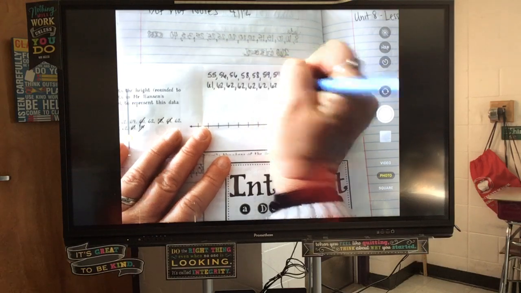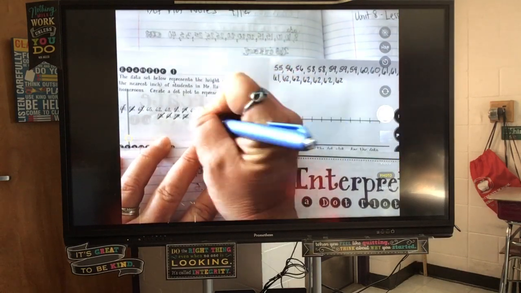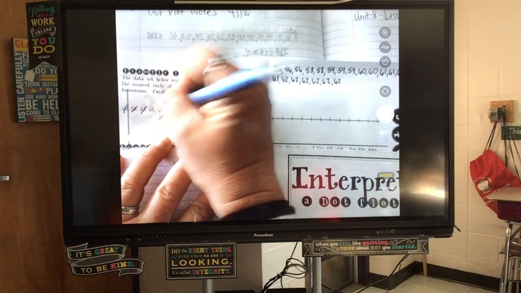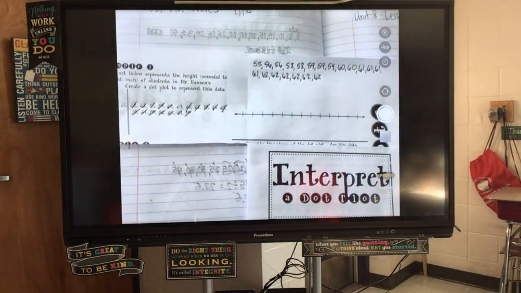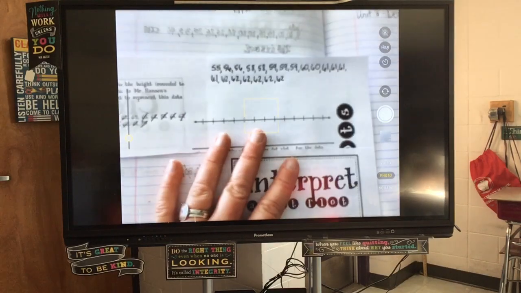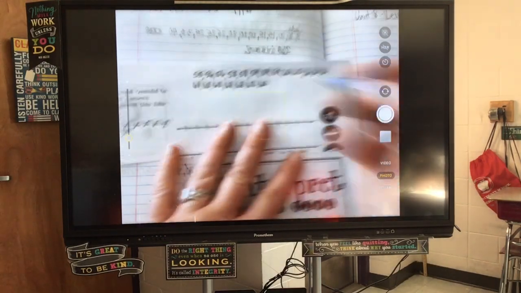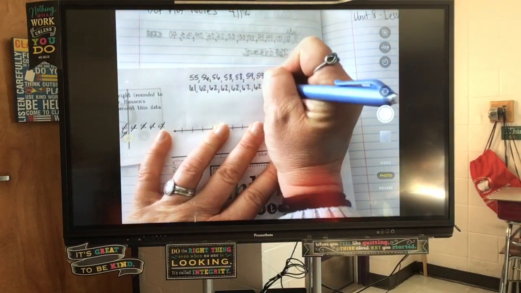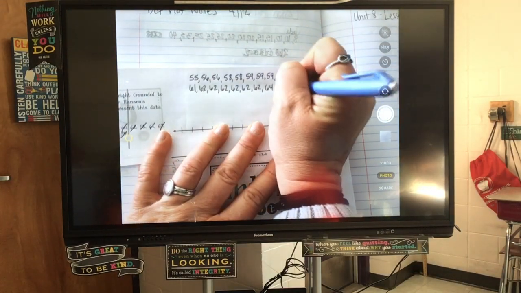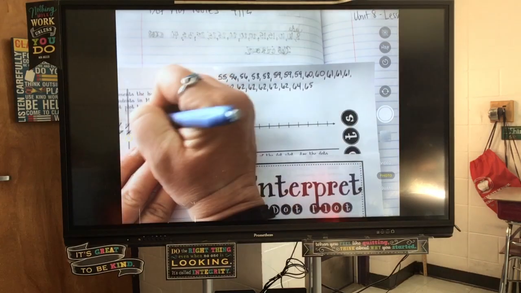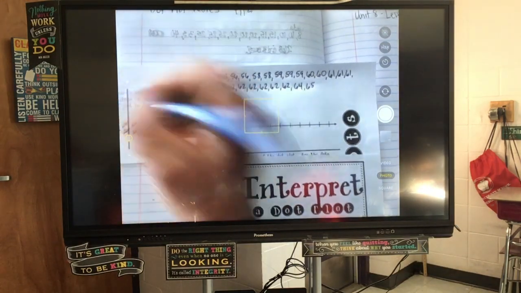And like I said, that's why it's really important, guys, to cross off your numbers as you're going, because it also makes it a lot easier to see where you're at with your numbers. All right, do we have a 63? No 63. And then we have 64 and 65. Okay, so give me a thumbs up when you have these written in order.